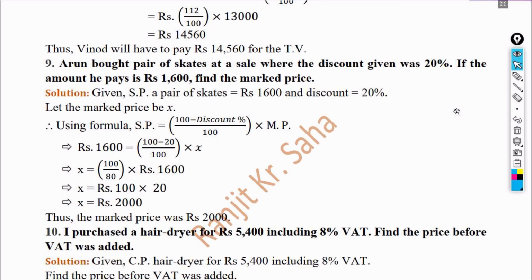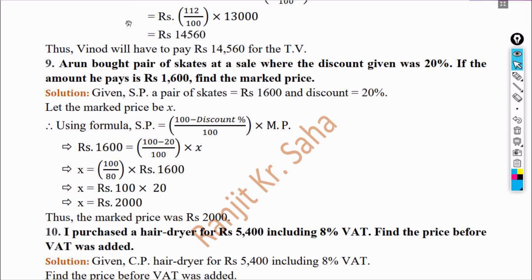It is very important here to understand that we have to find the marked price, and as per the problems we have solved till now, we have seen marked price is more than the selling price.